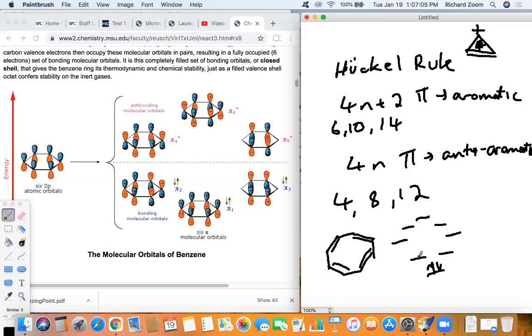It goes 1, 2, 3, 4, 5, 6, 7, 8. You see, we end up with that same situation where the 2 electrons can't bond together. So if it was flat, it would look like this. Let me see if I can draw it a little bit better.